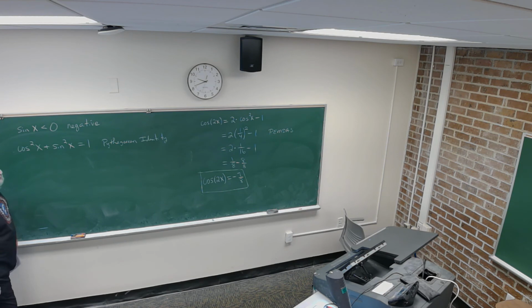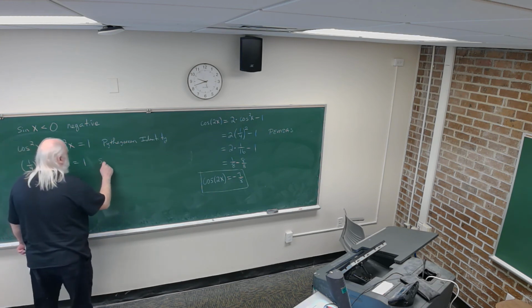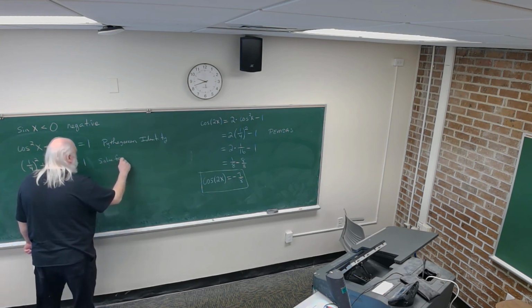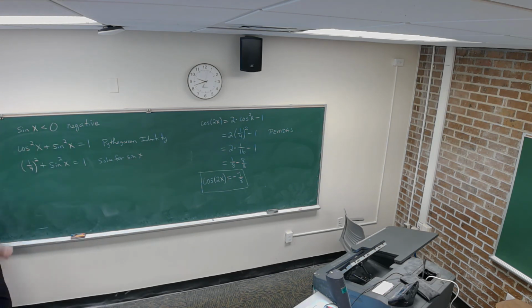Well, cosine x is 1/4. So cosine x squared is 1/4 squared. So we have 1/4 squared plus sine x squared is equal to 1. And so now we solve for sine x. Well, 1/4 squared is 1/16.